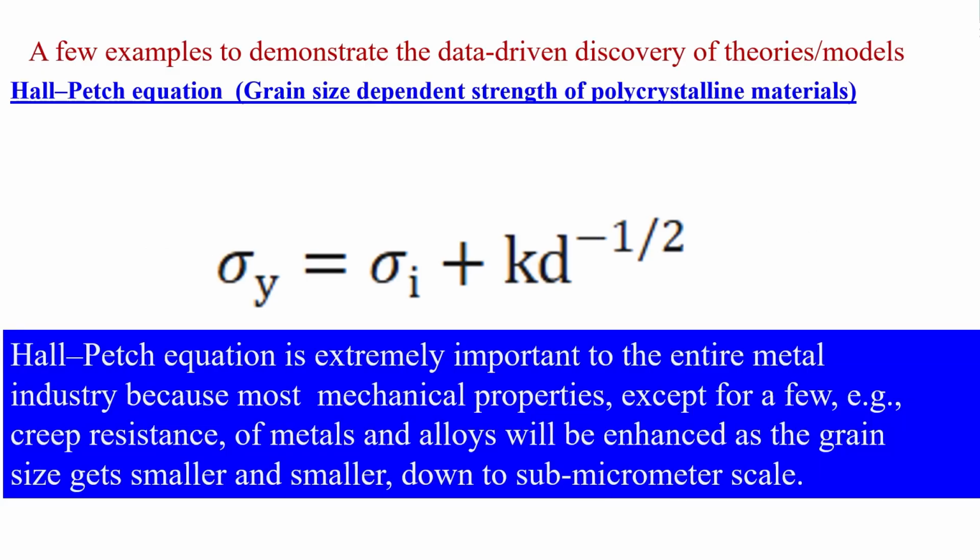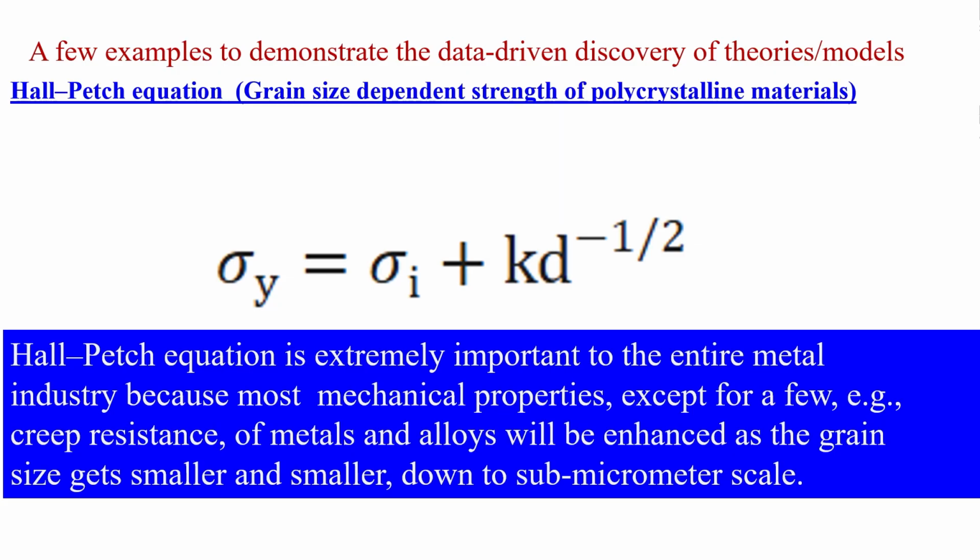The last example is what is called the Hall-Petch equation. This is a very important equation in material science. It provides you the grain size dependence of the strength of polycrystalline material, especially yield strength. This is how it is written: yield stress is equal to a constant stress sigma I plus k d to the power minus half, where k is a constant again and d is your grain diameter.